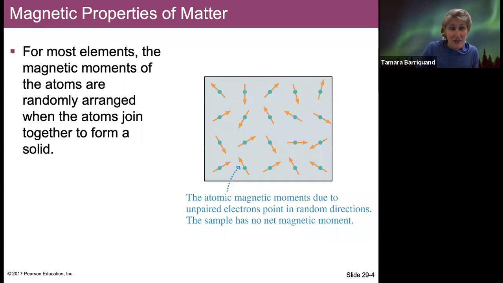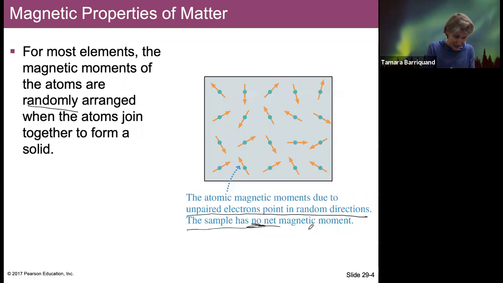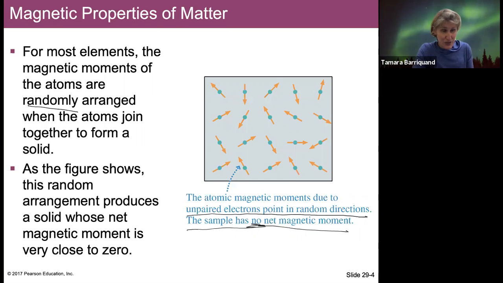For most elements, the magnetic moments of the atoms are randomly arranged when the atoms join together to form a solid. The unpaired electrons point in random directions, so the sample has no net magnetic moment. As the figure shows, this random arrangement produces a solid whose net magnetic moment is very close to zero.